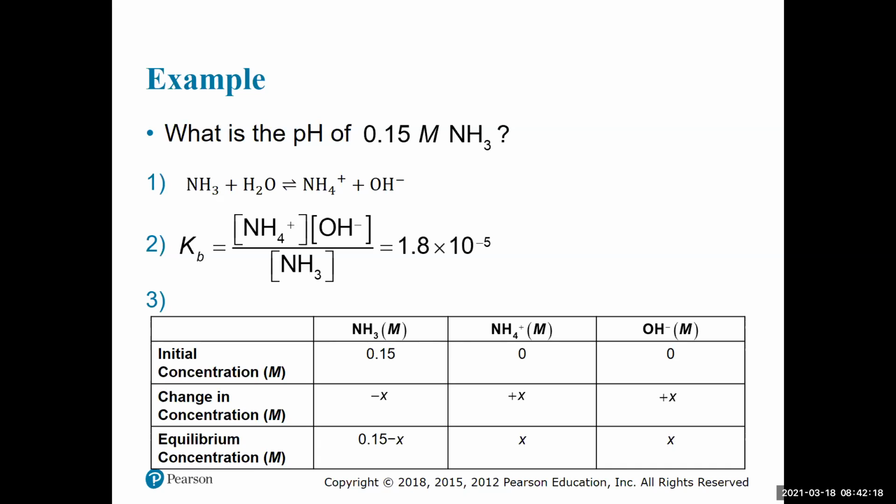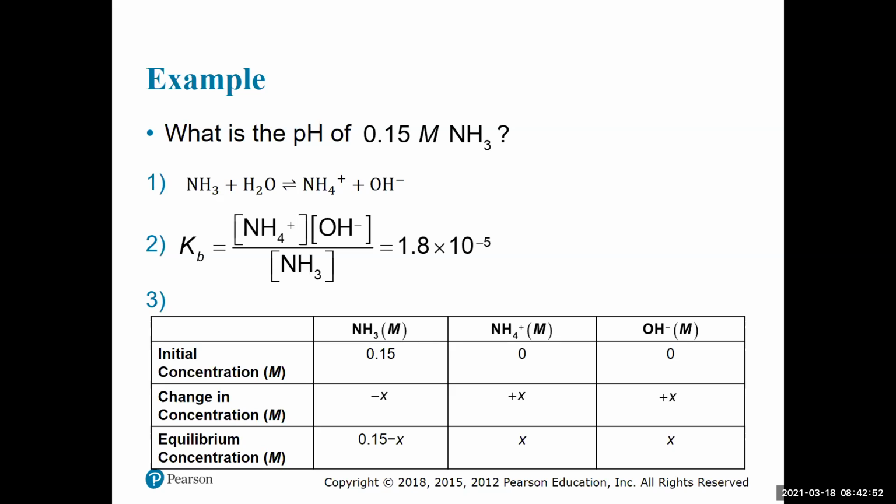Hopefully by now, setting up this table with initial concentration, changing concentration, and equilibrium concentration is getting to look pretty familiar to you. So we go ahead, we have our reactants and products listed out on top here in molar concentrations. And then we start filling in what we know. Initially we have 0.15 molar ammonia, and then the ammonium and hydroxide ions start out as 0.